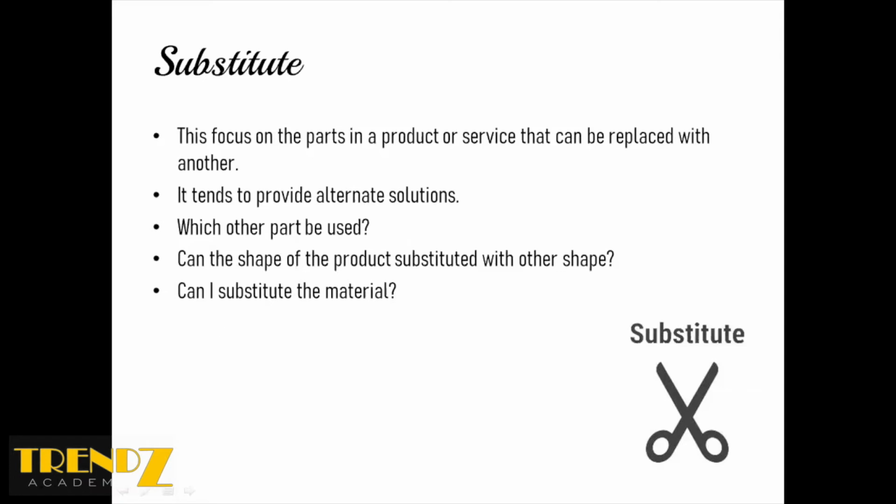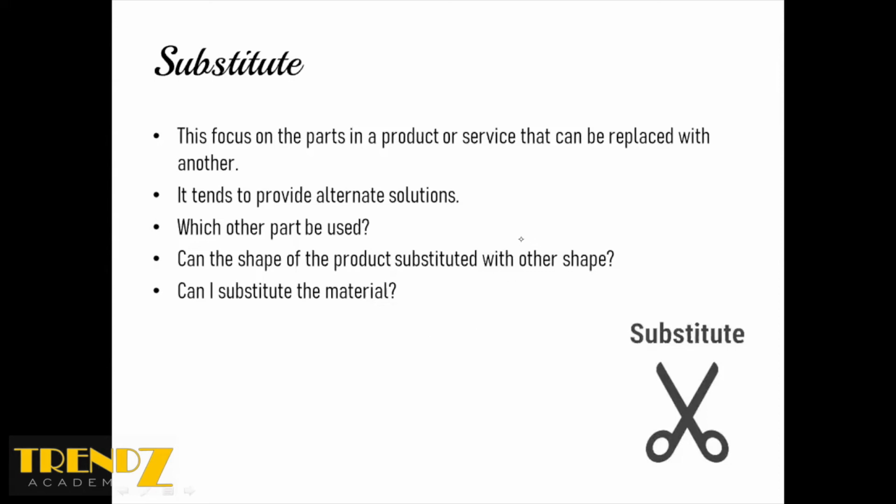Example can be, we all have seen juice boxes. They all come in rectangle shaped, cuboid shaped packaging. So can I substitute the shape with a sphere? Can I make it round? Can I make it more like an orange since it is orange juice?